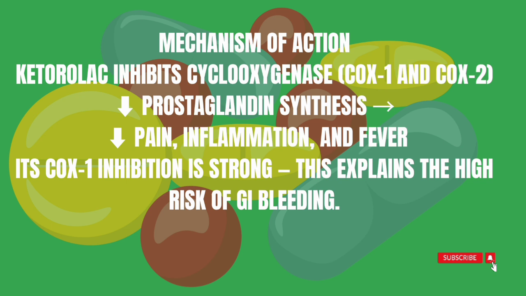Remember, COX-1 has a cytoprotective effect. So when there's a strong inhibition of COX-1, it leads to a loss of cytoprotection, which in turn makes the stomach, the gastrointestinal system, vulnerable to bleeding.